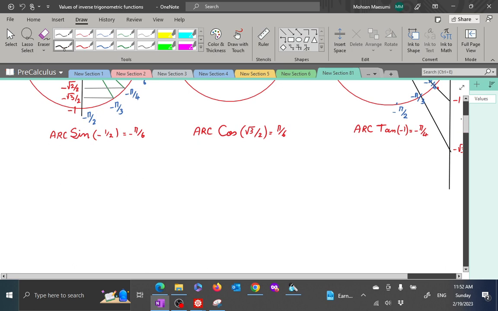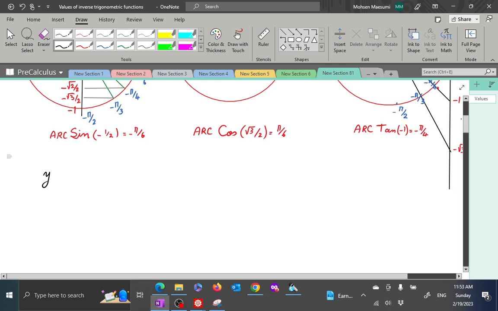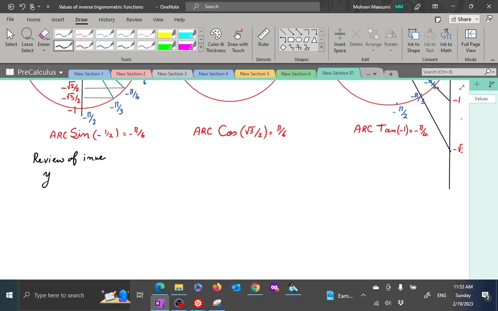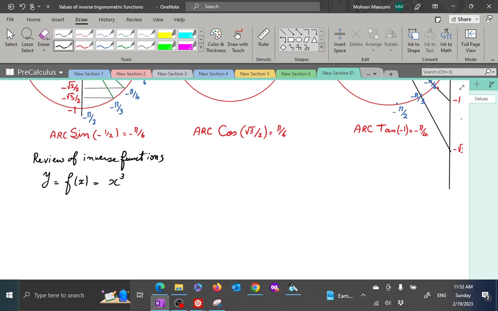Just as a quick review, what was the deal with the inverse function? We talked about that at the very beginning of the semester, but let's go back and take a look. Let's take an easy function, f of x is equal to, say, x cubed.